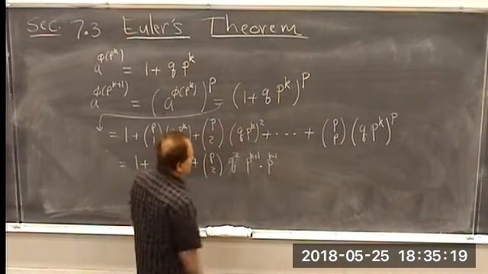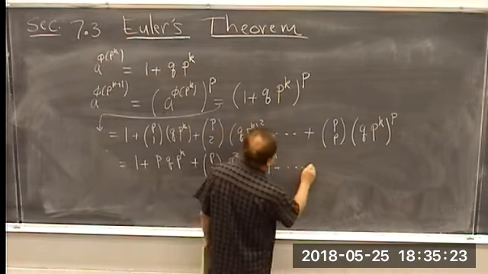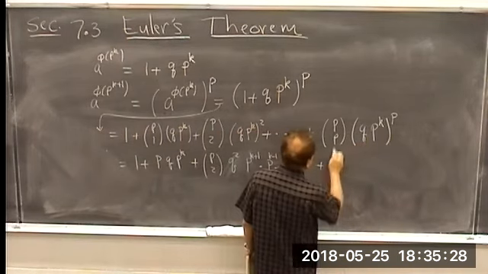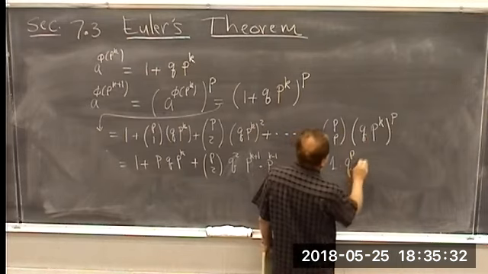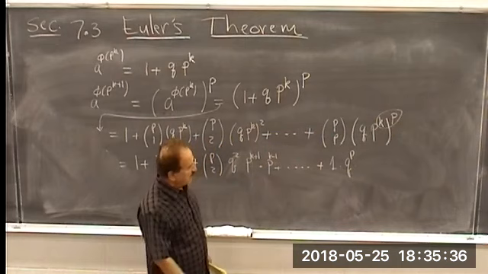So when you add this up, you come up with 2K. And I'm going to do this for every term. This one is going to become Q to the P, times P to the power KP.